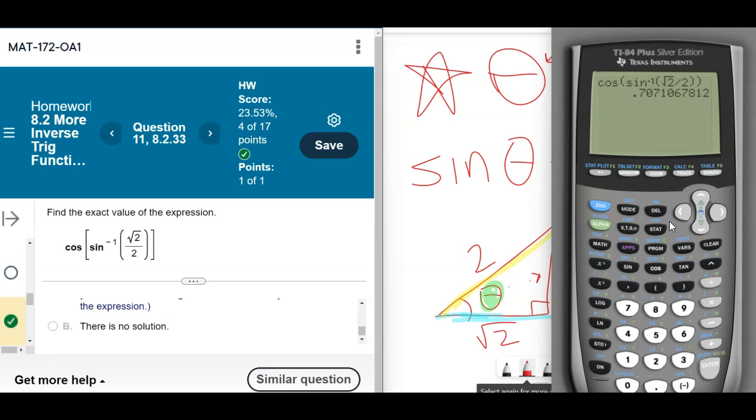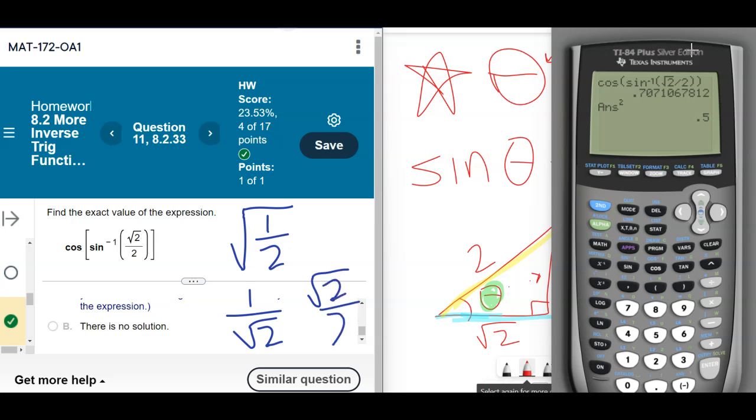So if I square this answer, then I'll get the square of the number that I'm looking for. So this is 1/2, and so I'm looking for the square root of a half. So the square root of a half, you can take the square root of 1, you get 1. Take the square root of 2, you get the square root of 2. And then you could rationalize that, multiply top and bottom by the square root of 2.